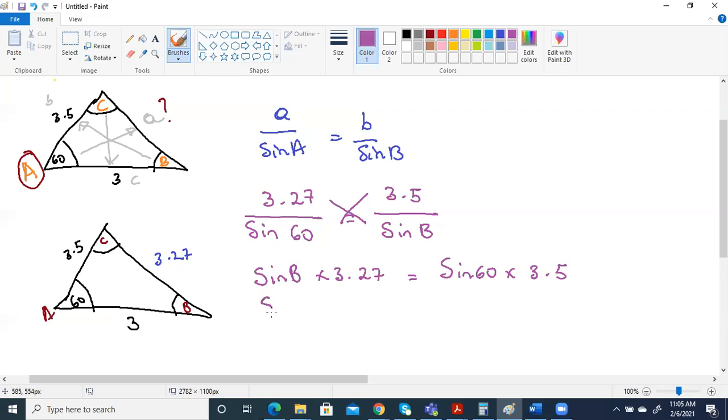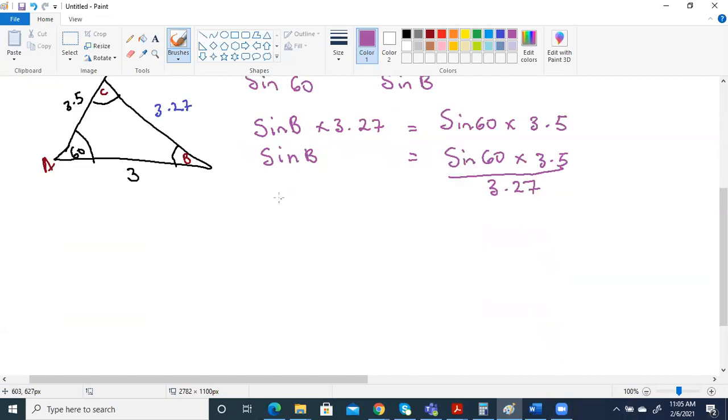So I'm going to carry over my 3.27. Sine B is equal to sine 60 times 3.5 over 3.27. So this is calculator work now.